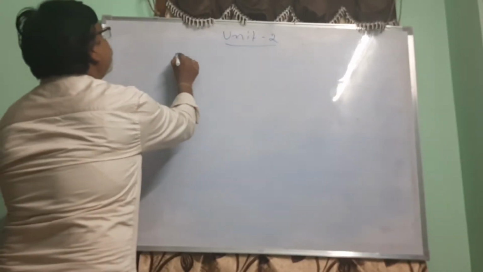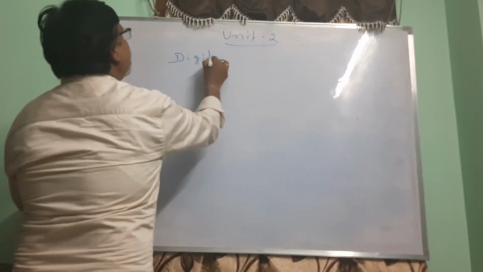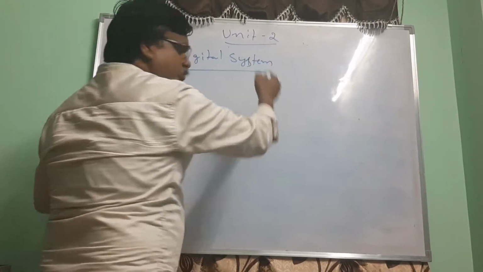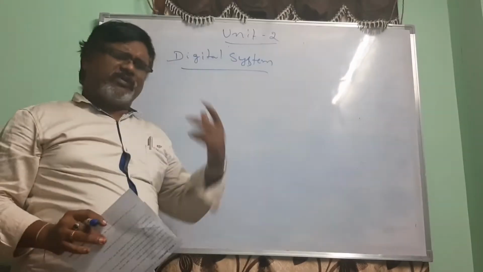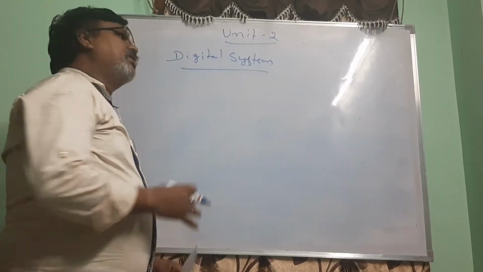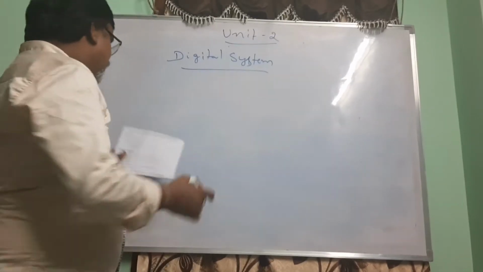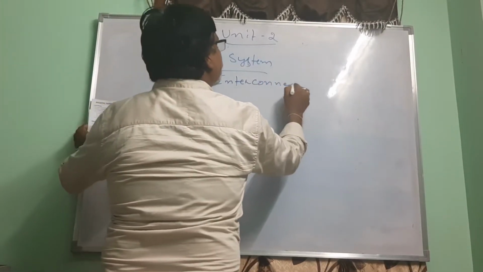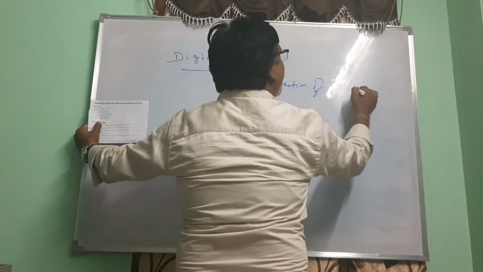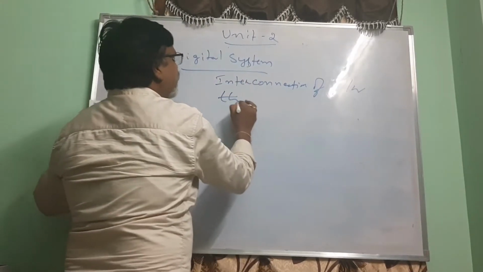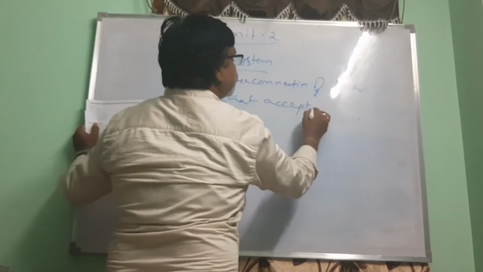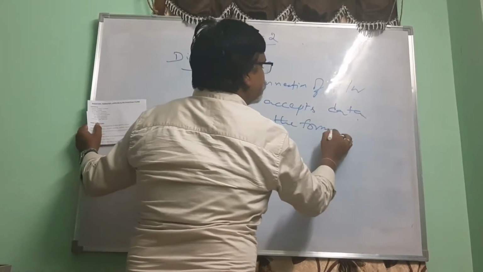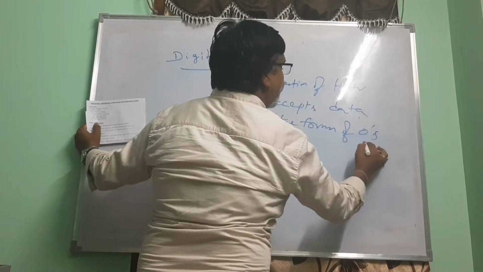First of all, what is a digital system? From class 1 onwards till today, we keep repeating that a digital system is an interconnection of hardware that accepts data in the form of zeros and ones.